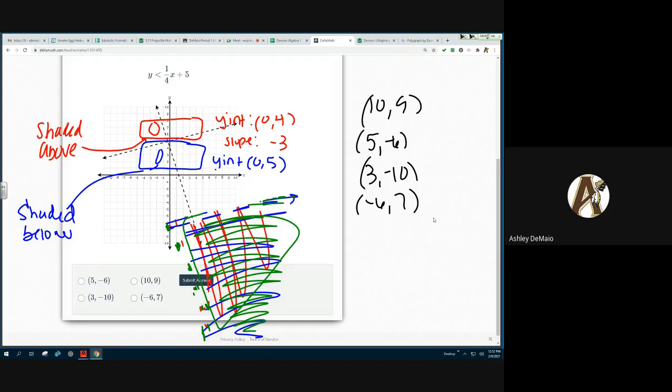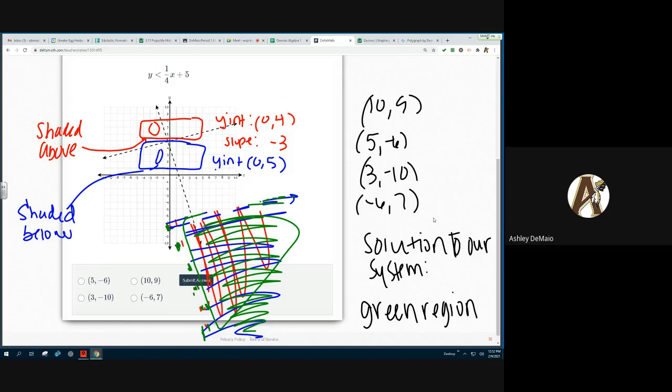So we want to look at these and figure out which one is a solution to our system, meaning which point is in the overlapping green region.